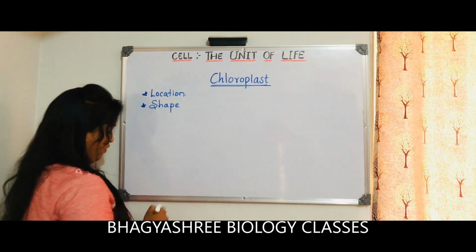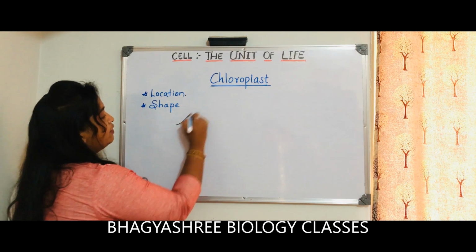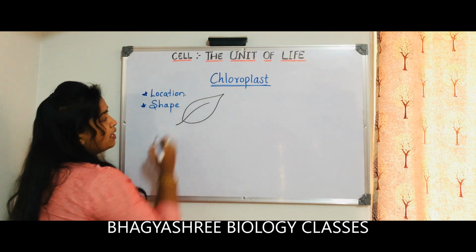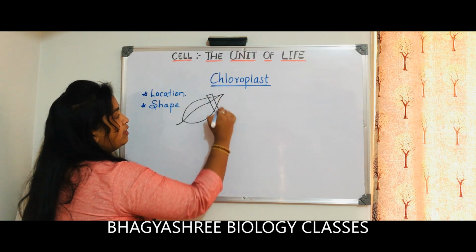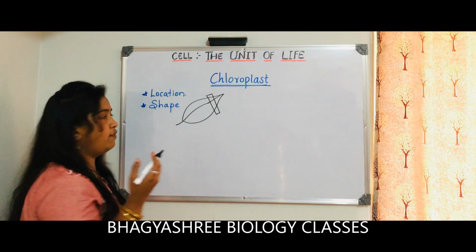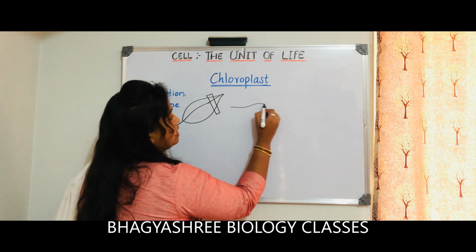So, for example, if you take a leaf and take a section of this leaf, as you might have done, what you can see is this type of structure.